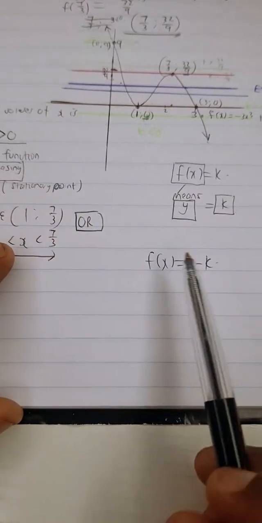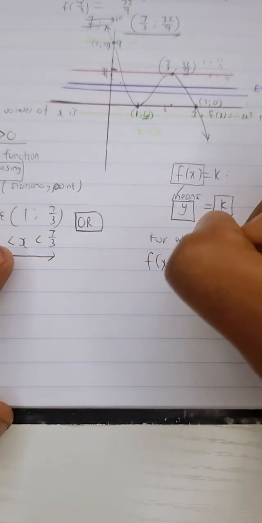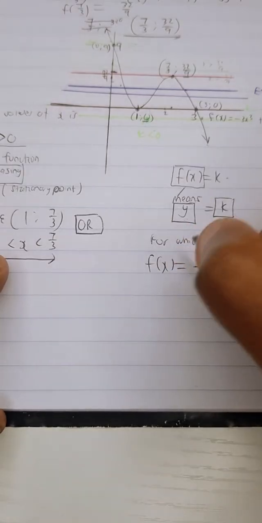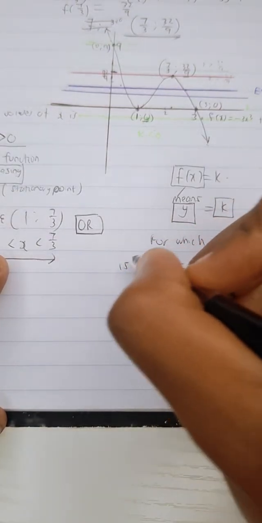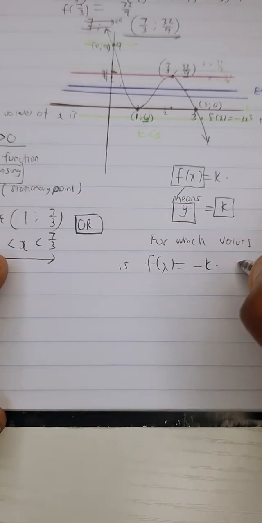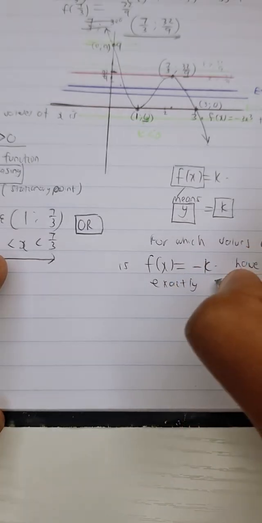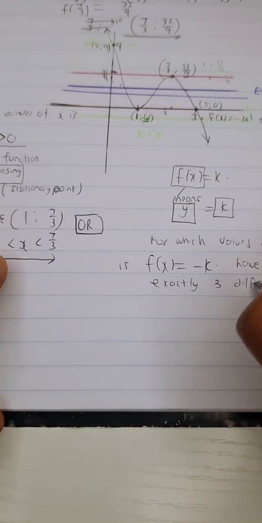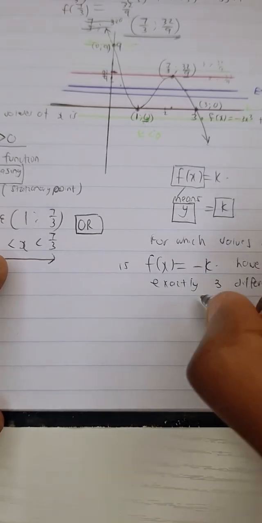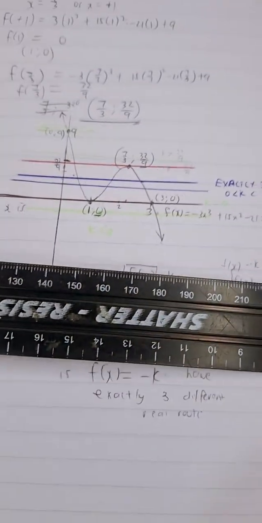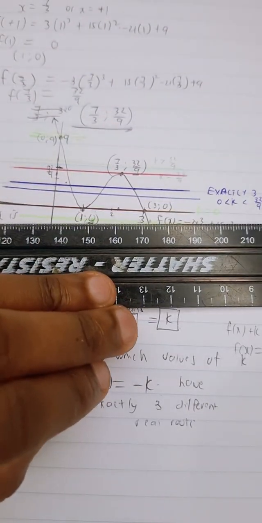So for instance, let's say they had said, for which values of k is f of x equal to k having exactly 3 different real roots. Fundamentally, the place that you identify is still the same.